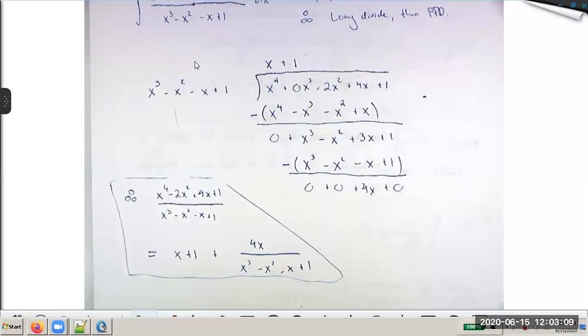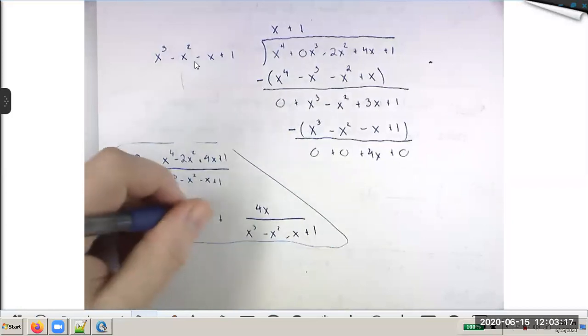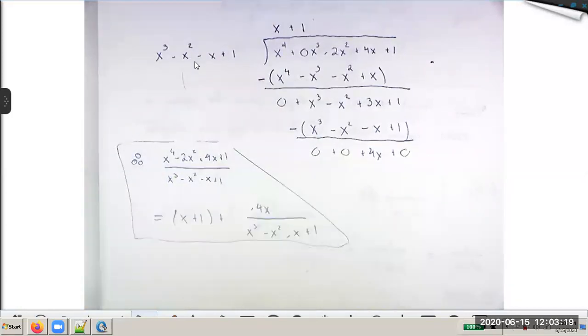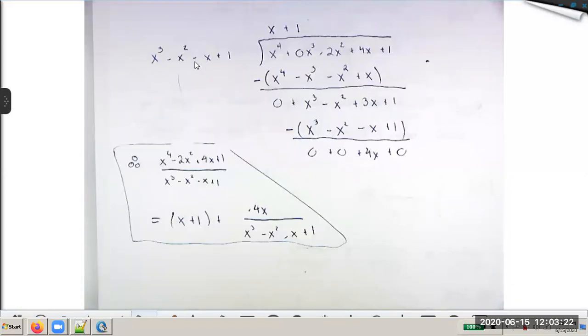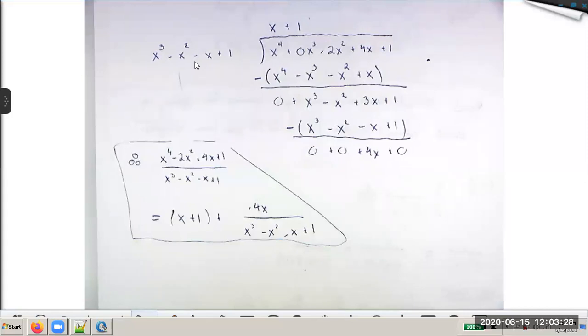So that's our first step. Notice the result. You get a polynomial piece plus a proper rational function piece. This polynomial piece will be easy to integrate. This is going to require PFD.